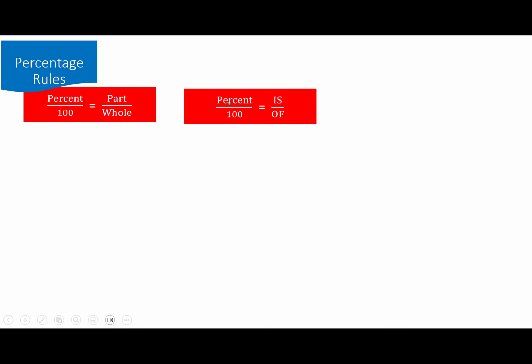Notice you have three quantities, three variables: the is, the of, and the percent. If two of them are given, you can find the third one. As an example, 0.42 means 42%, means 42 over 100.